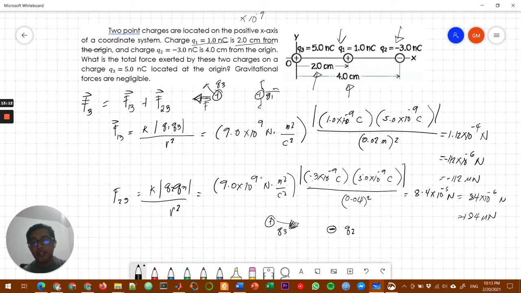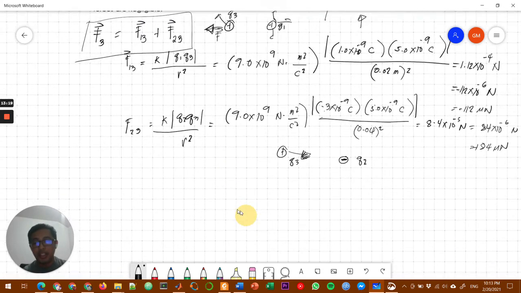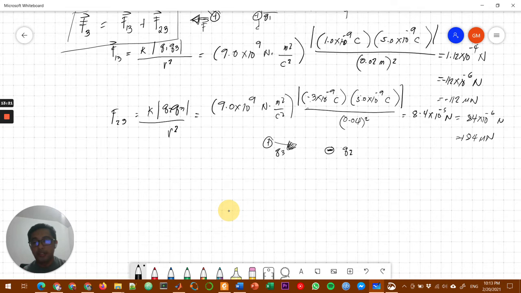So going back to the formula, the total force is just the sum of the individual contributions, right? So we have F3 equals F13, that's negative 112 micronewton, plus 84 micronewton.